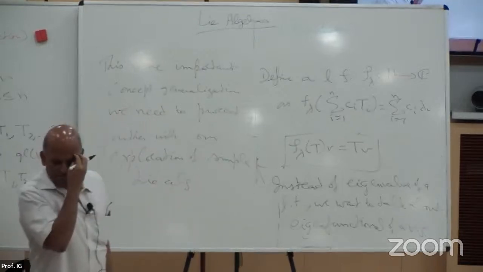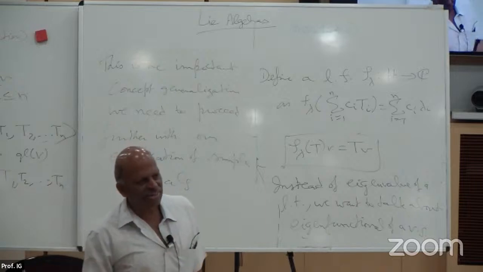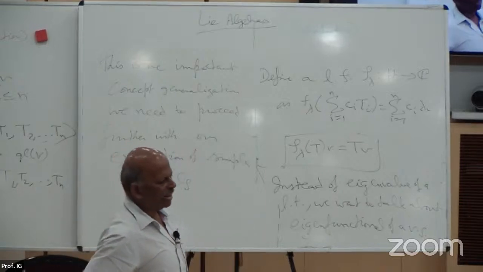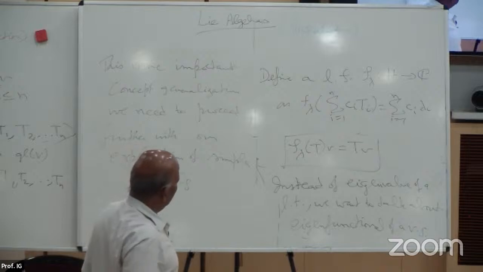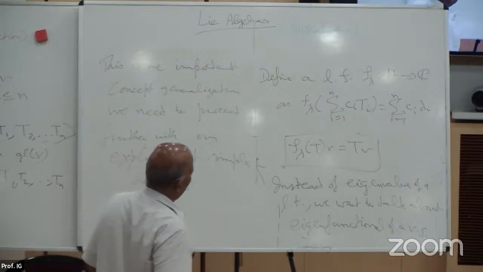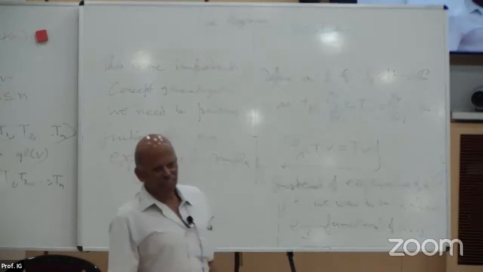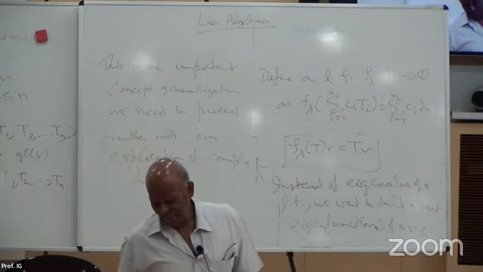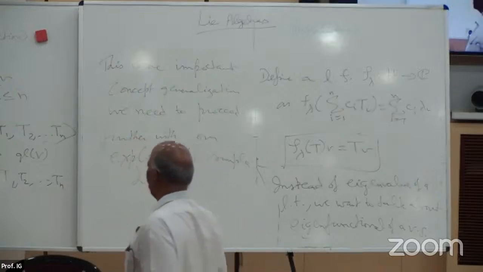If you want to discuss more simple algebras, just one eigenvector, one eigenvalue is not going to be enough. We will be talking about eigenfunctional, and we will try to see what kind of eigenvectors exist for eigenfunctionals.